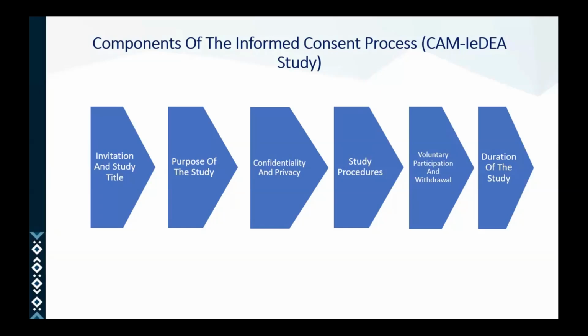Confidentiality and privacy. Like we've already said, you make sure to inform participants of how their personal data will be stored. For observational studies like the Cameroon IDEA study, data confidentiality and privacy involves explaining data security practices, which is about coding of personal information like participants' names, password-protected and encrypted data collection tools and study devices known only to the research team, and locked filing cabinets for physical forms.